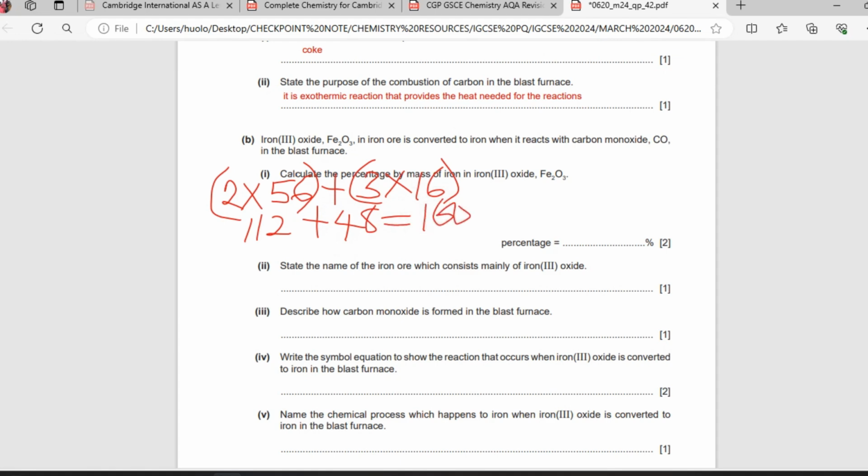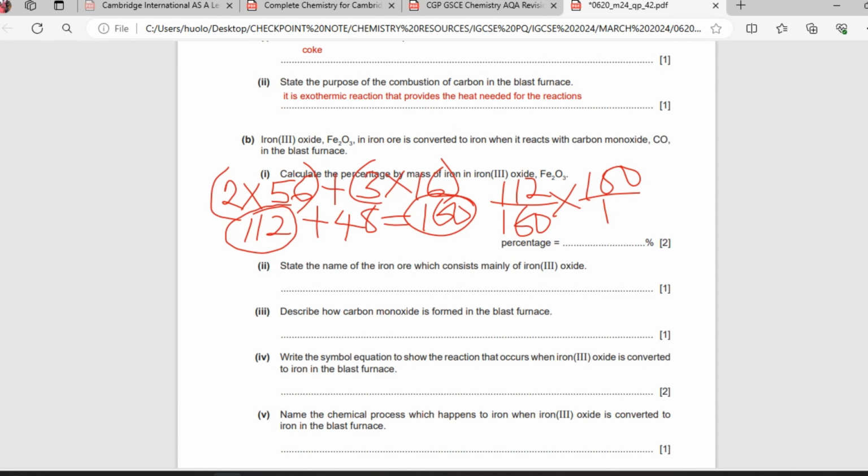So the Mr of iron 3 oxide is 160. Okay, so to do the percentage of iron, you do the mass of iron over the total. So you are doing 112 over 160 multiplied by 100 over 1, that's the percentage.